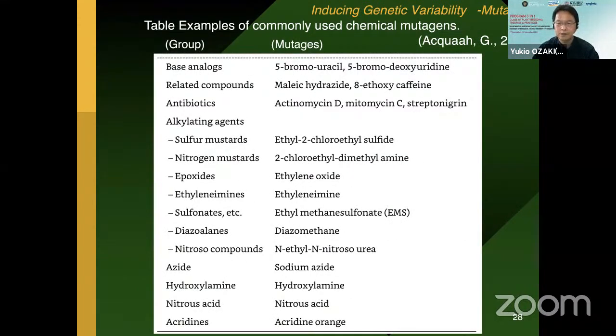Chemical mutagens, shown in this table, are generally milder in their effect on plant materials. They can be applied without complicated equipment or facilities as compared to physical mutagens. The ratio of mutational to undesirable modification is generally higher for chemical mutagens than for physical mutagens.